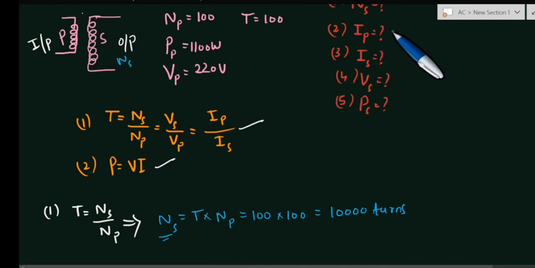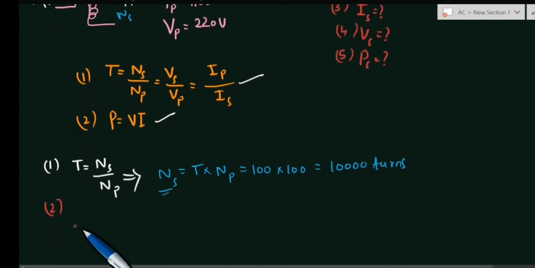And next they are asking what is the current at the input side, the current at the primary side. That can be found by using power, the second formula I'm using for that. So you can write like this: Pp, the power at the primary, is equal to voltage times current at the primary.